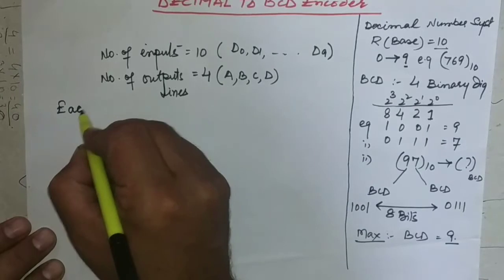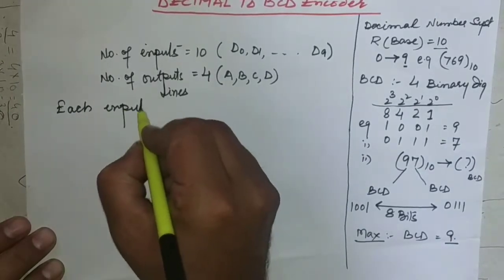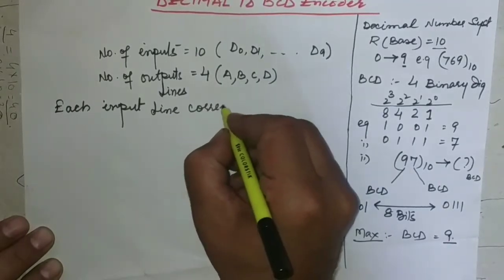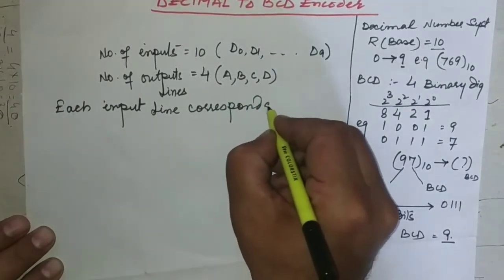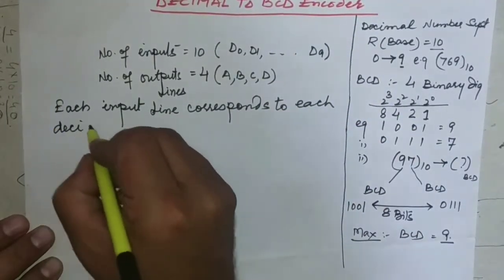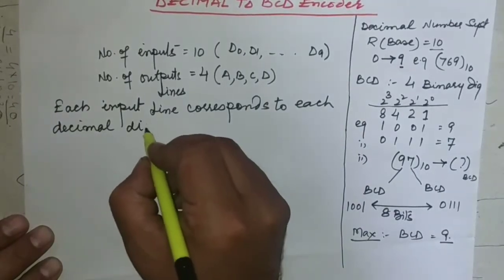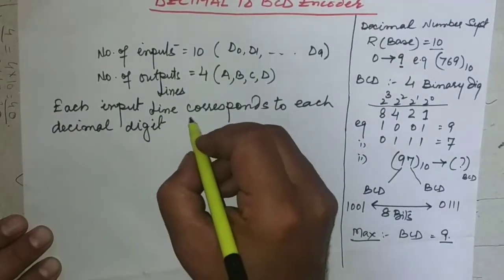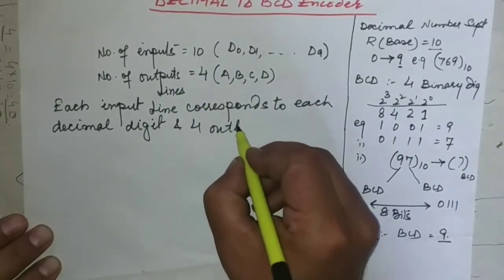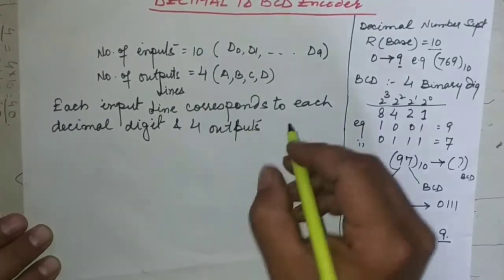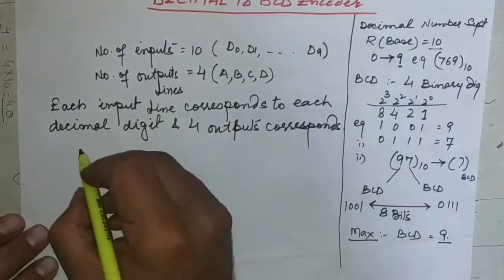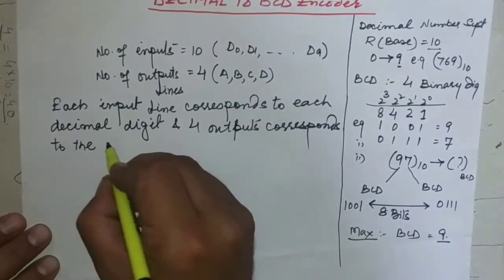So these are 10 inputs and 4 outputs. We also know that each input line corresponds to each decimal digit, and these 4 output lines correspond to the BCD code.